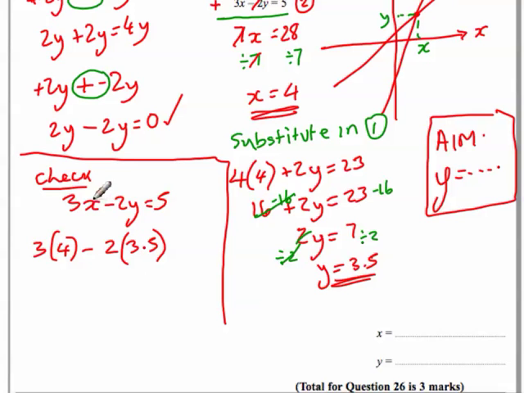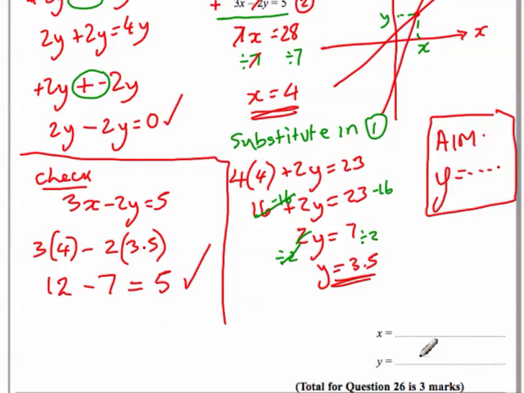And if I've done this correctly, we should get 5. If we don't, we know we've got it wrong. Okay, so let's have a look. 3 times 4 is 12, minus 2 times 3.5, which is 7. So we've got 12 minus 7, is 5, yeah.